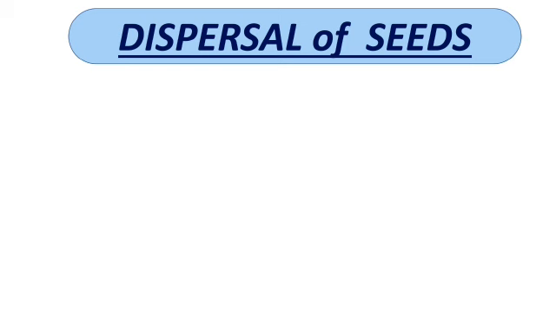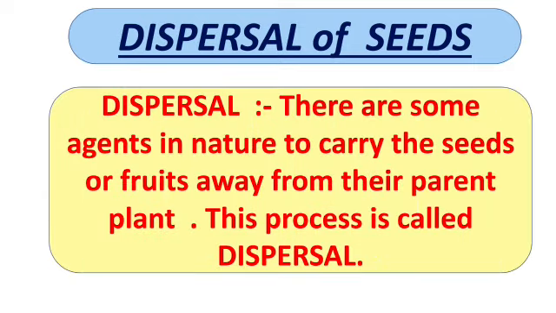So seeds need to be scattered to a new place so that they have a better chance of germination and survival. Hence, there are some agents in nature to carry the seeds or fruits away from their parent plant. This process is called dispersal. Now have a look at some agents of dispersal.